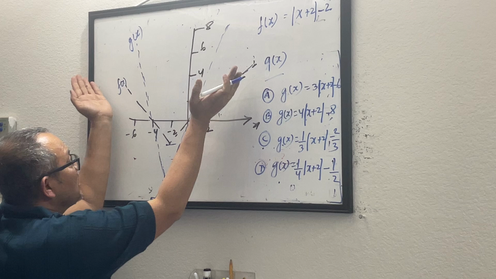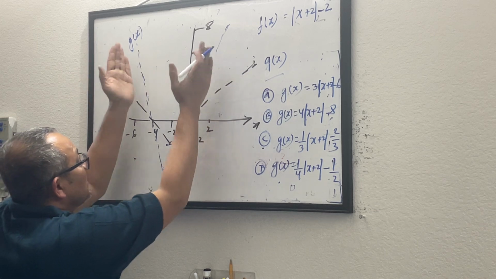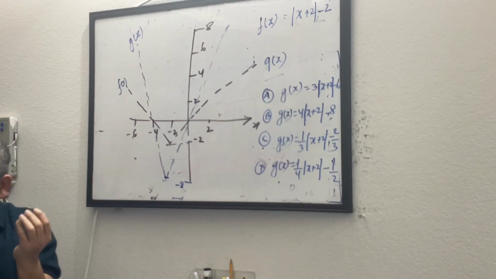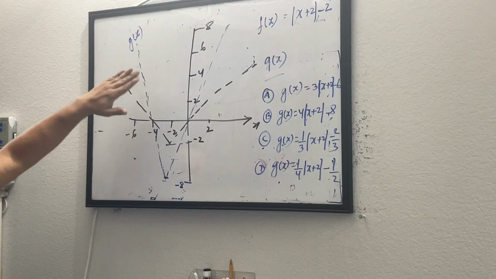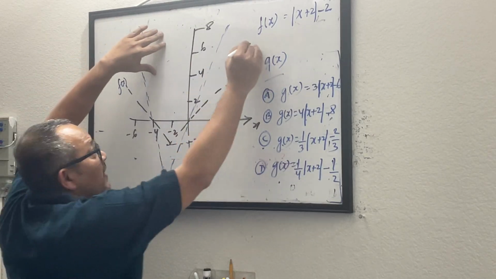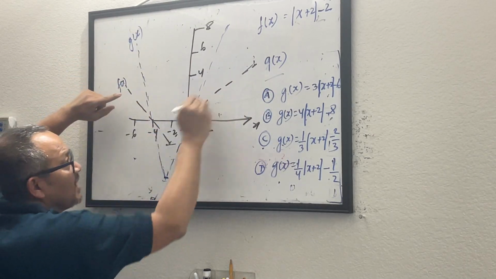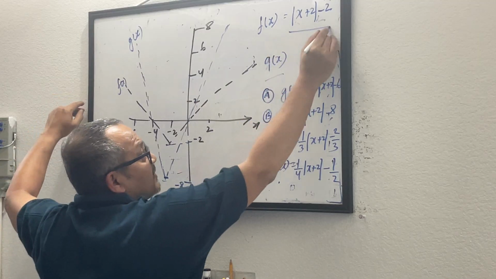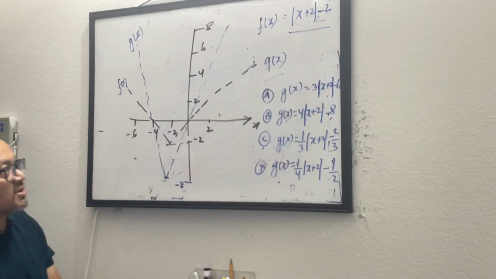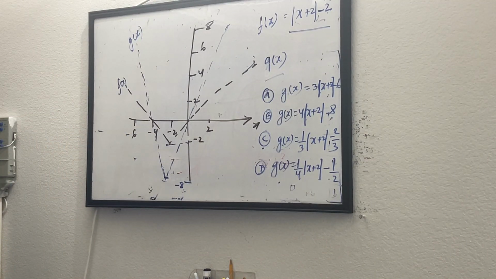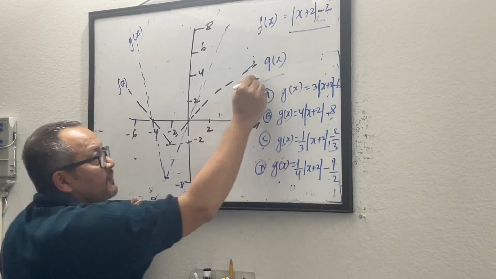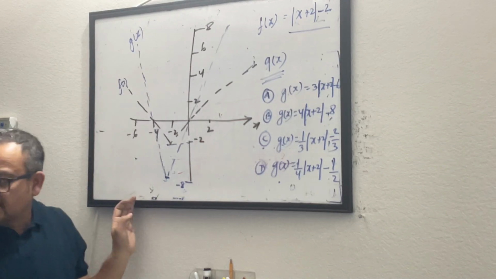When we talk about a vertically scaled version, we talk about this getting squeezed, right? So that's what we are seeing here. It says f of x, the black one, is mod of x plus 2 minus 2. And we have been asked to find out what is the right function for g of x.